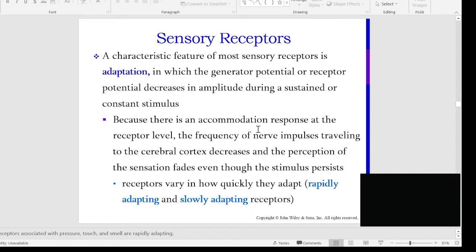Pero nganong ganahan man ka kay kadugayan na-adapt naman ka, di ba? So, you have the ability to adapt. Some have slow adapting, some have rapidly adapting, depende kung asa siya makita. Even sa somatic, naka-adapt sila.